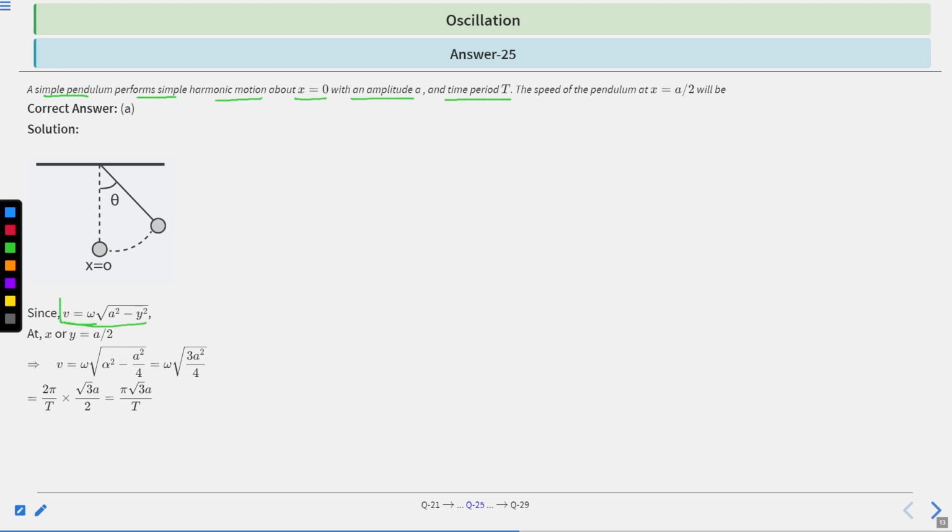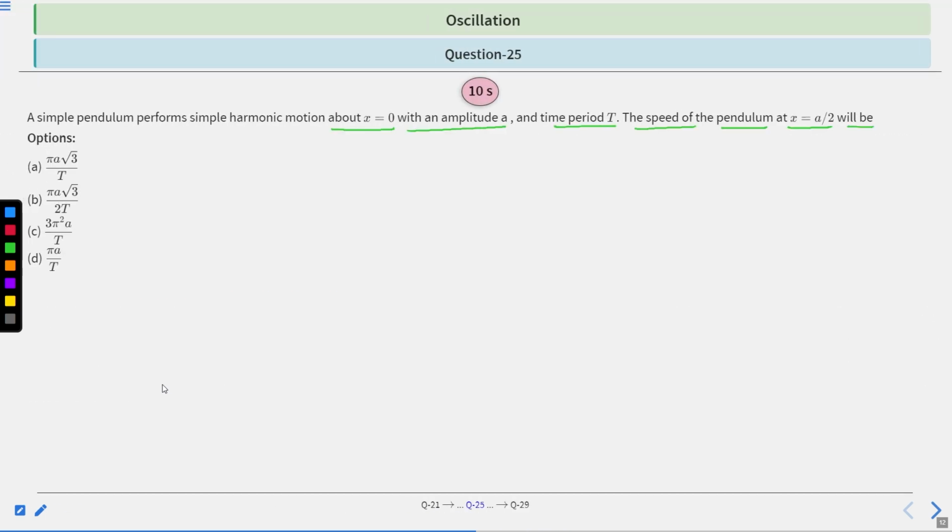At y equal to A by 2, v equal to omega root of A square minus A square divided by 4, which is omega root of 3A square divided by 4. After solving, you will get pi root 3 A divided by T. So A is the correct answer. Clear?